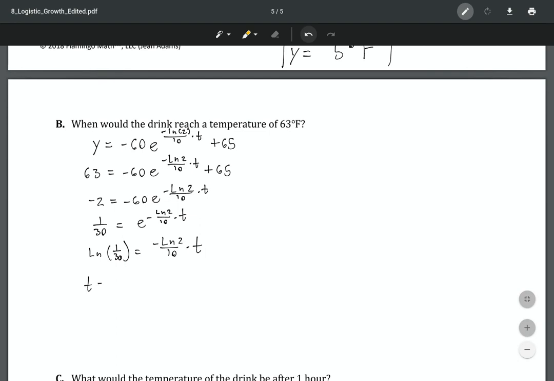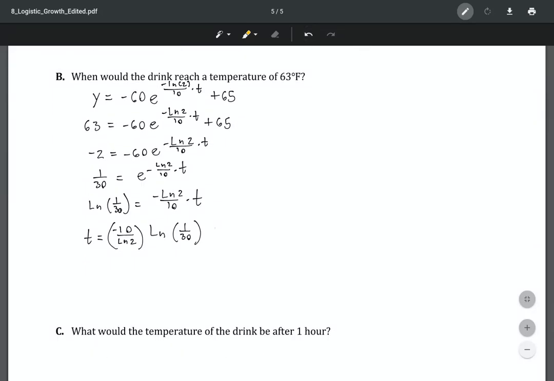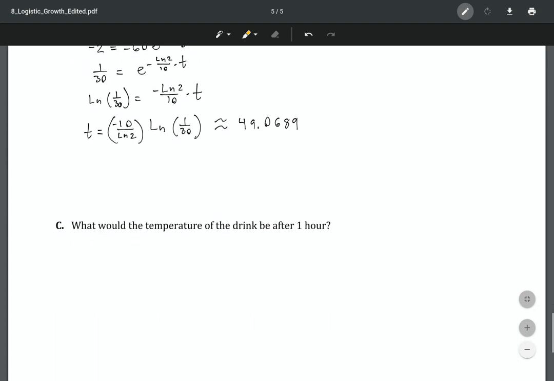So therefore, t is equal to negative 10 over the natural log of 2 times the natural log of 1 over 30. So again, I'm going through a ton of algebra, so I hope you're strong in it. And when I do that, I get 49.0689.